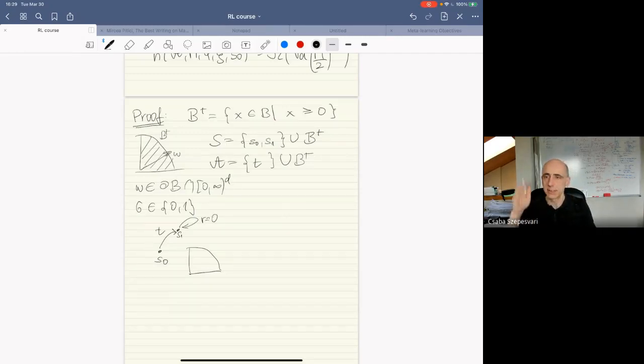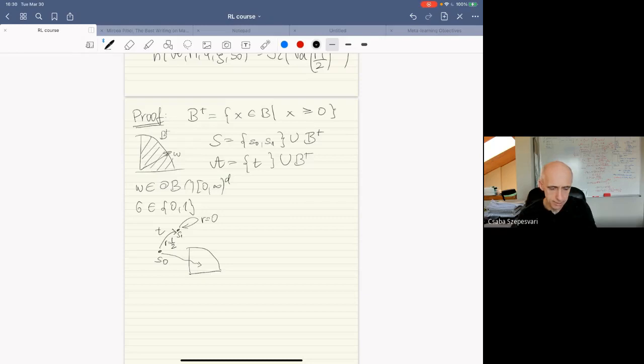So S1 is just this terminating state, which gives you a reward of 0. When you're transitioning to S1 from S0, you get a reward of 1/2. And so the decision problem is going to be to decide from S0 whether you want to take this immediate terminating action, or you want to jump into this positive quadrant somewhere, and then you're going to do your thing there.